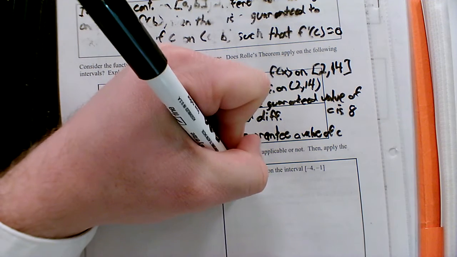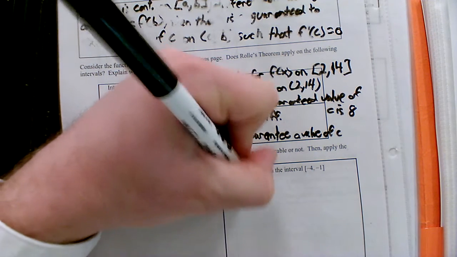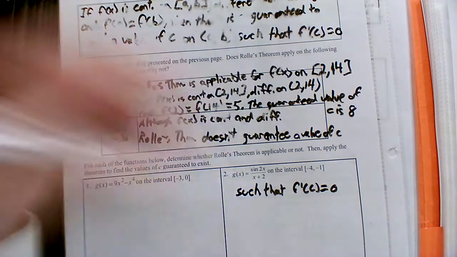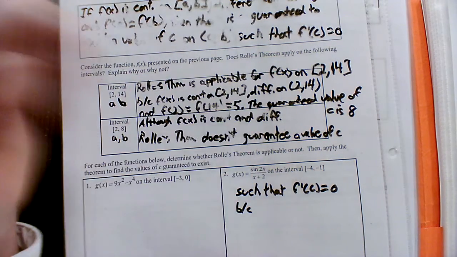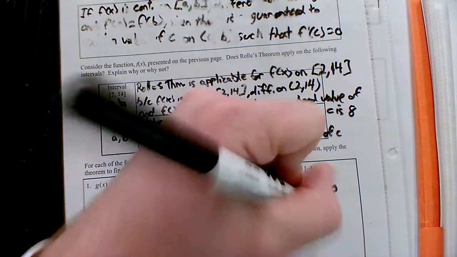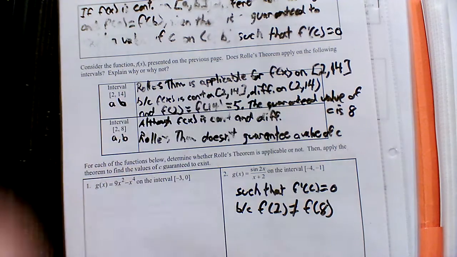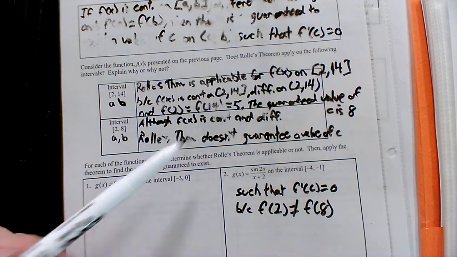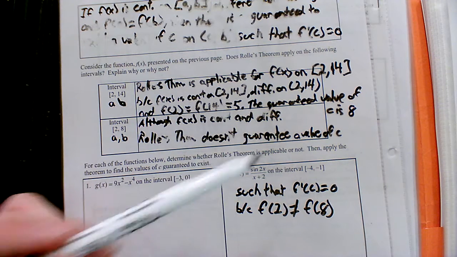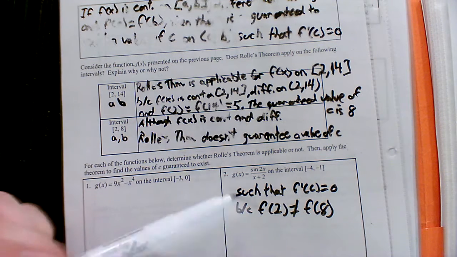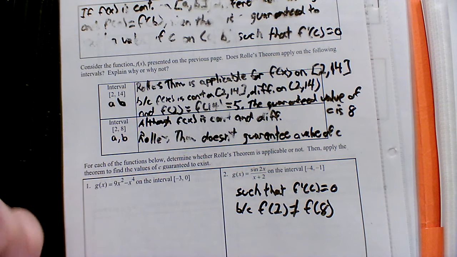Guarantee a value of c such that f prime of c equal to 0, because f of 2 is not equal to f of 8. So although f of x is continuous and differentiable, Rolle's theorem doesn't guarantee a value of c such that the derivative at that point is 0, because the endpoints are not equal to each other.